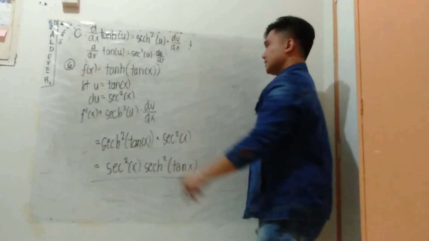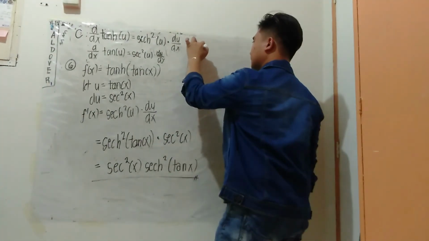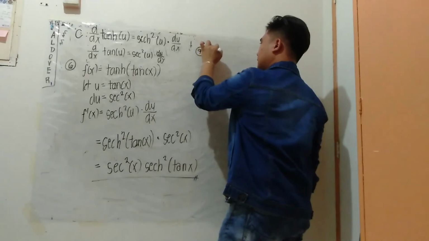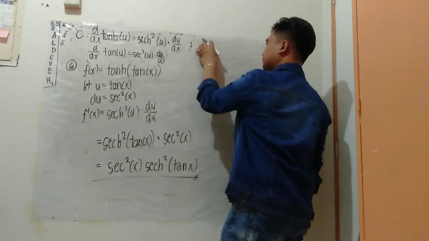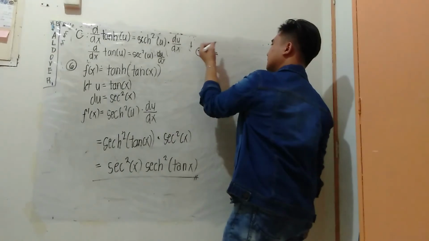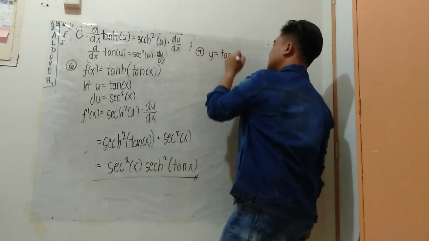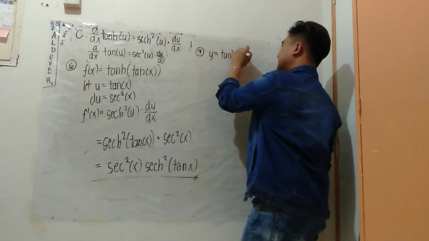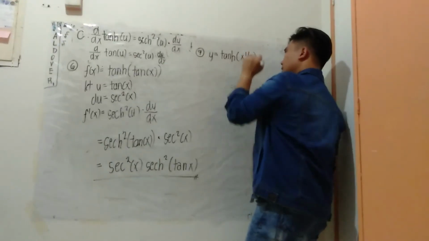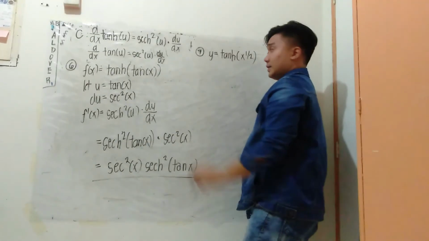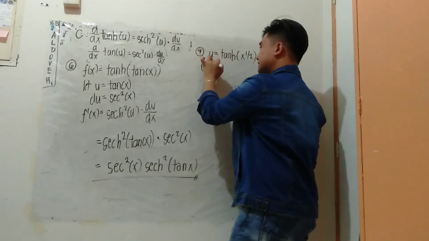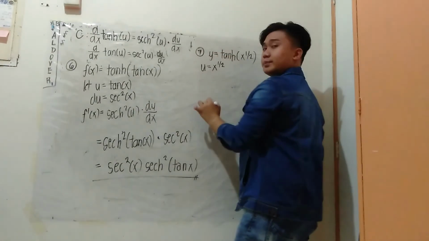Okay? What if you have y is equal to hyperbolic tangent of x raised to 1/2. Okay? So, u is equals to x raised to 1/2.